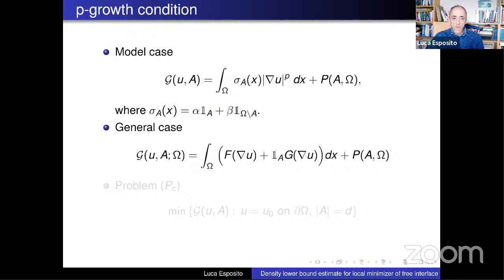You can also think of some generalization of this because you can take general capital F and capital G. These are two density functions that are different inside A and inside the complement of A, and indeed you can consider the constrained problem again, minimizers of this functional.